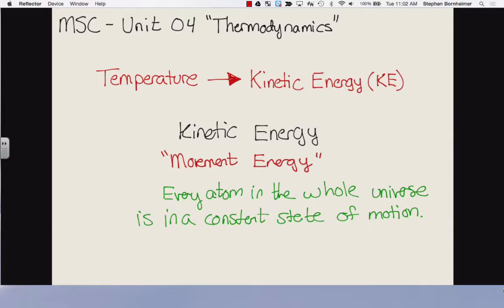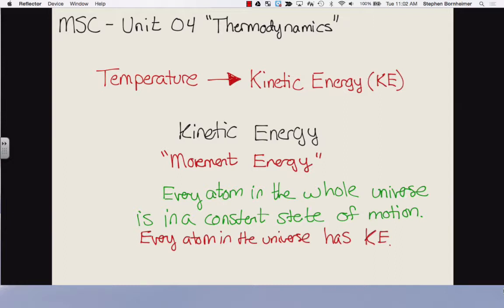Every atom in the whole universe is in a constant state of motion. And therefore, every atom in the whole universe has what? What kind of energy? Kinetic. Has kinetic energy, K-E. Okay? Every atom in the whole universe has kinetic energy.